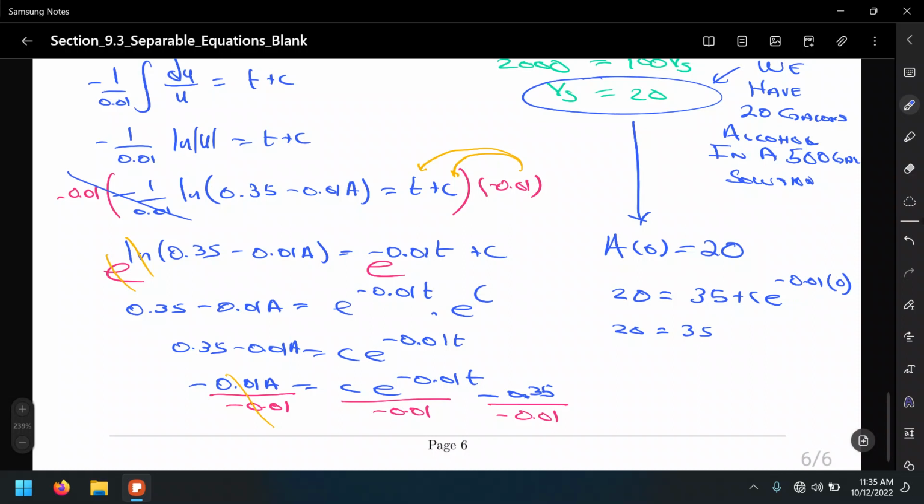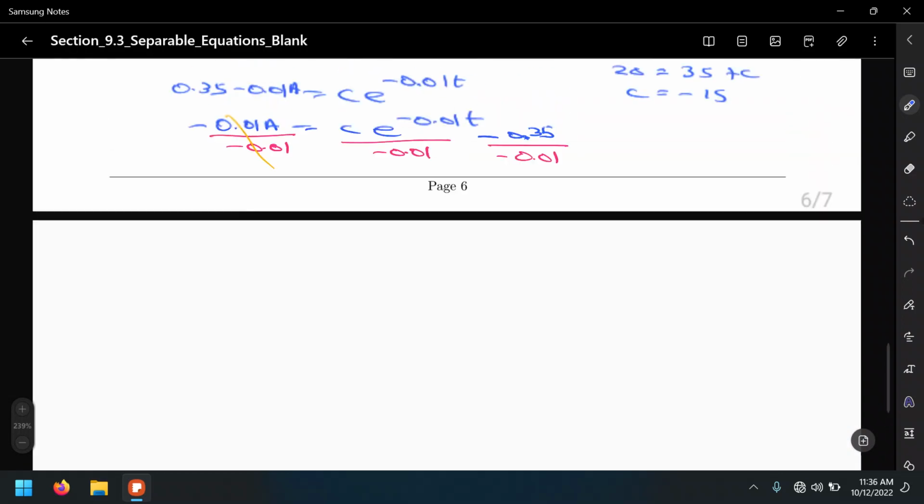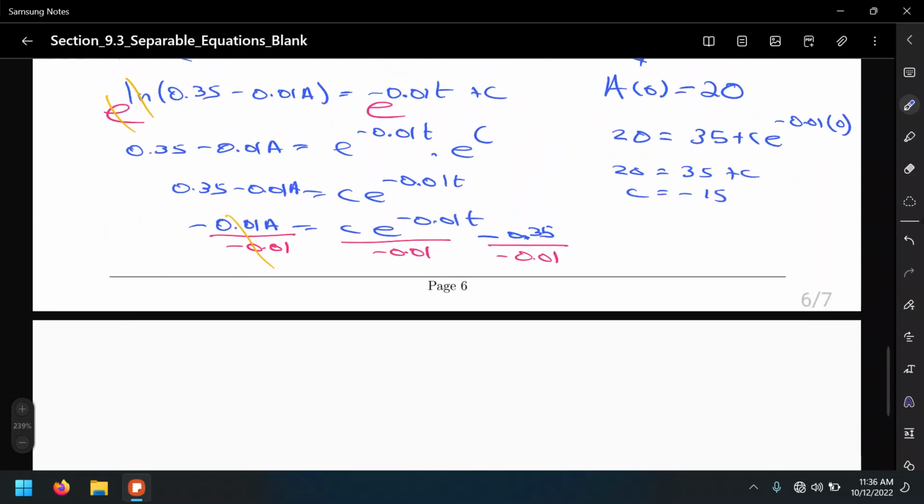Well, negative 0.01 times 0 is 0. e to the 0 equals 1. 1 times C is just C, and then in this case C equals negative 15. So this means that our particular solution would be A equals 35 minus 15 e to the negative 0.01 t.